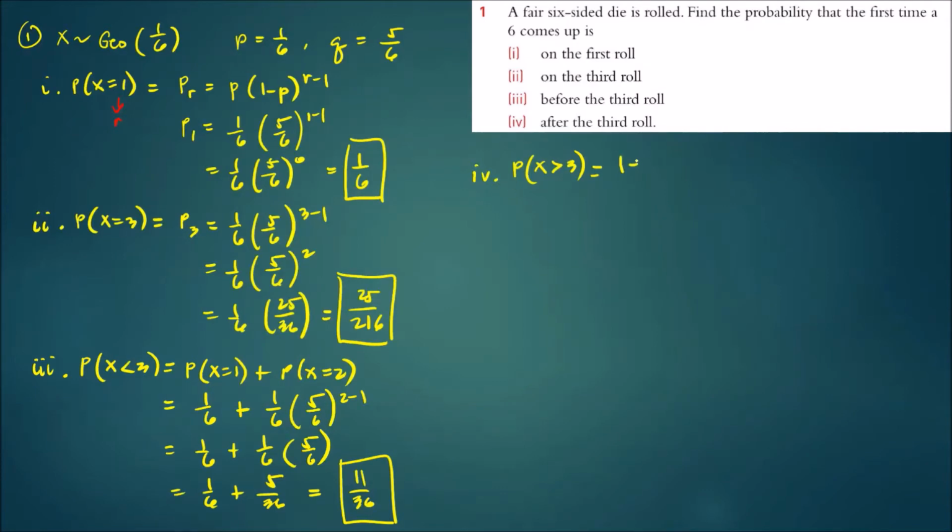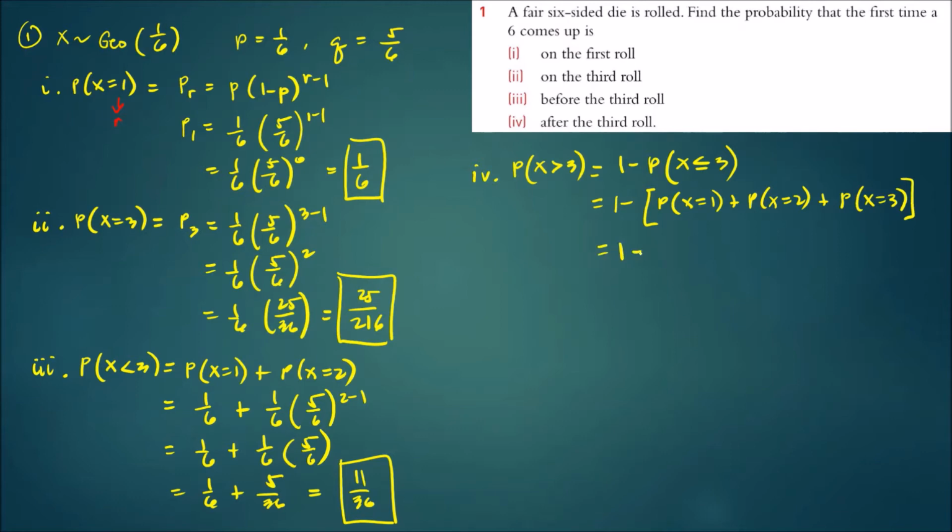That is 1 minus the probability that X is less than or equal to 3. The probability that X is less than or equal to 3 would be the same as the probability of X equal to 1 plus X equal to 2 plus X equal to 3.